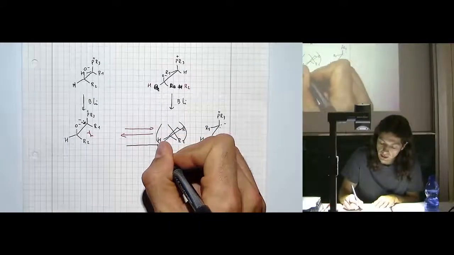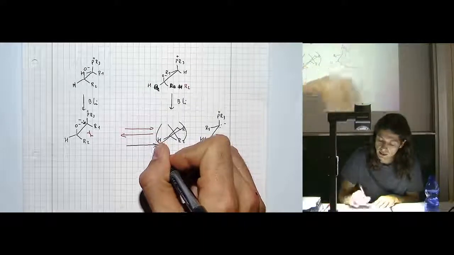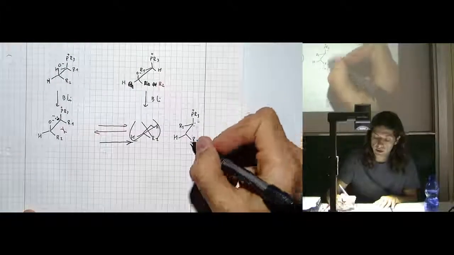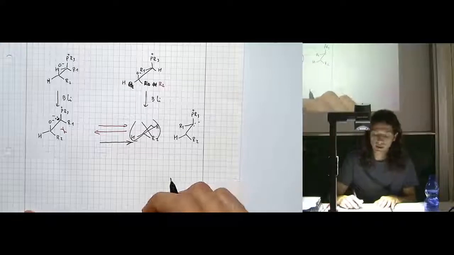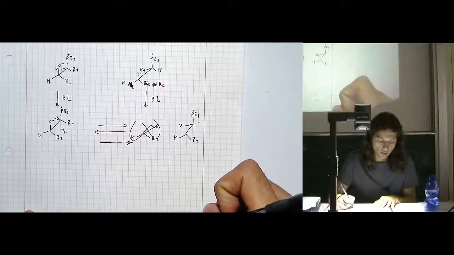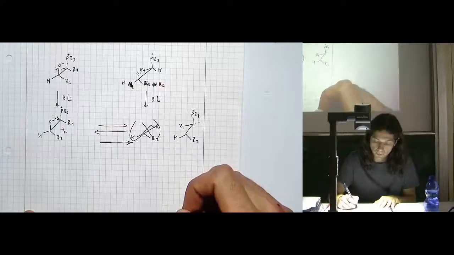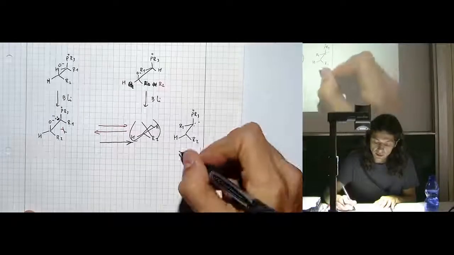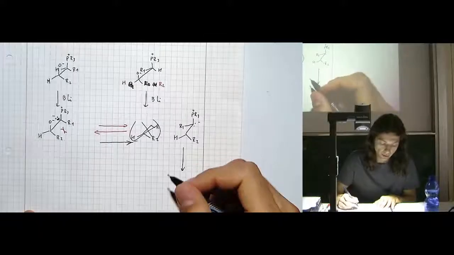The equilibrium is placed in this direction to give this less hindered intermediate, and finally the protonation of this species here gives rise to the final product.